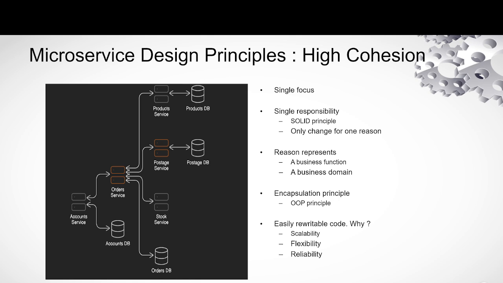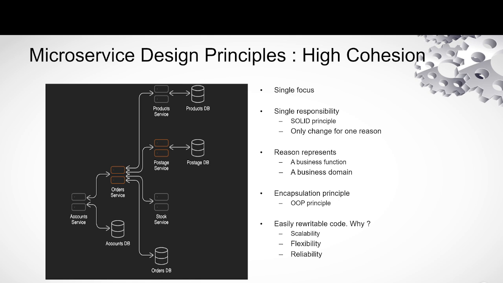This idea of a microservice having a single focus or single responsibility is actually taken from the SOLID coding principles. The single responsibility principle basically states that a class can only change for one reason, and the same principle is applied to microservices.